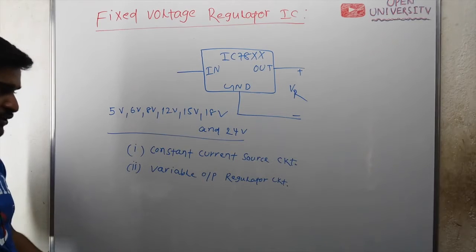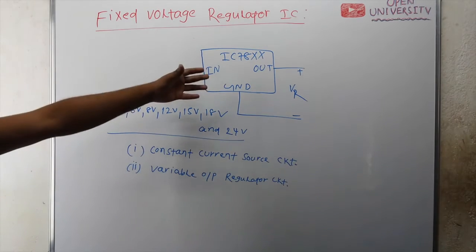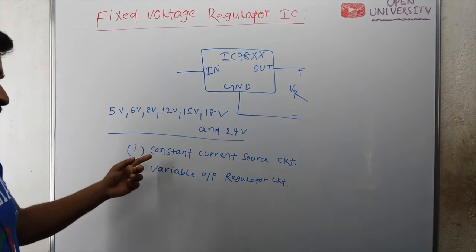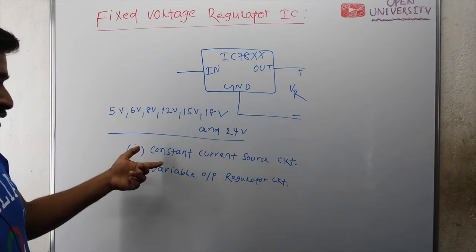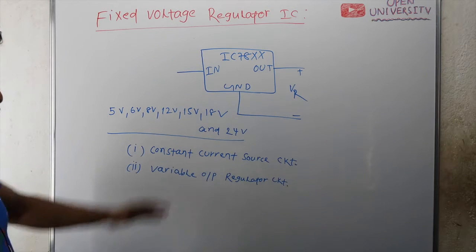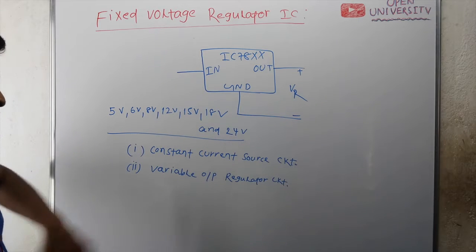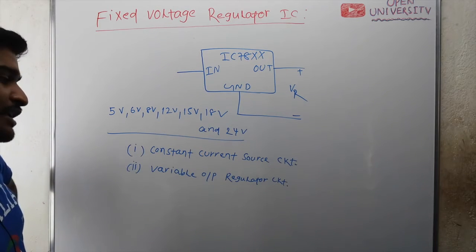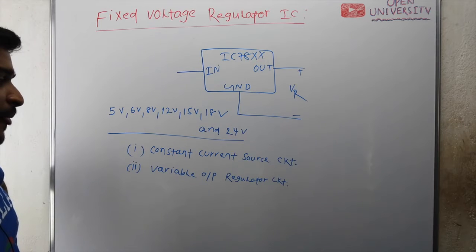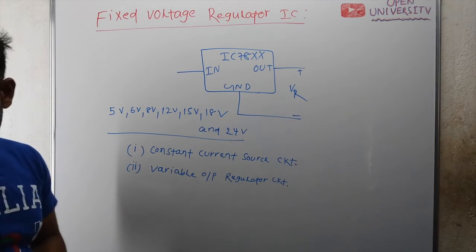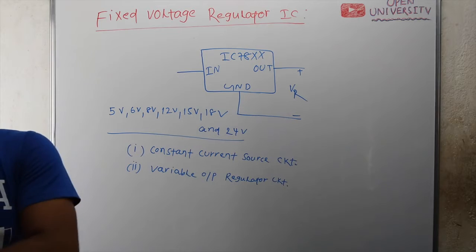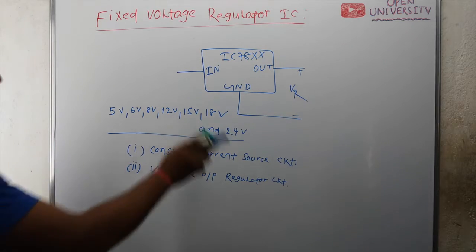What is constant current source circuit? The application of these ICs is as a constant current source circuit, or you can use it as a variable output regulator circuit. Give the heading constant current source circuit.